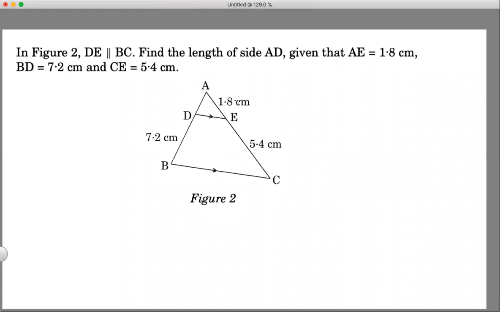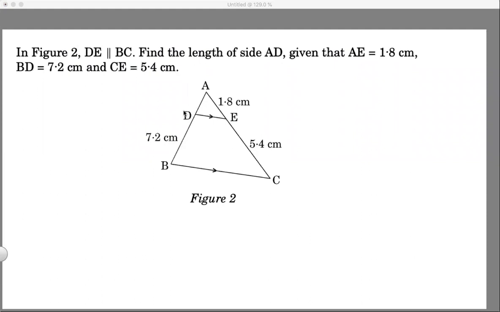And figure 2, DE is parallel to BC. Find the length of side. 2.4 centimeter. So this is the BPT question. And what would be the answer? This is in what ratio? This is in the ratio 3, 1/3.